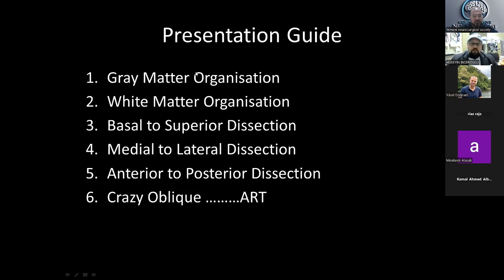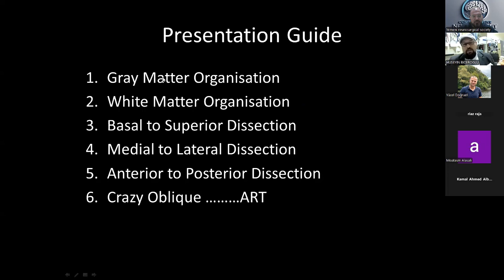I will briefly mention gray matter organization and white matter organization, and then how to reach the occipital lobe, because the occipital lobe has connections with all the lobes, frontal, parietal, temporal, and deep structures, insula, and also the deep brain structures. So to understand the anatomy of the occipital lobe, we have to know all the brain anatomy.